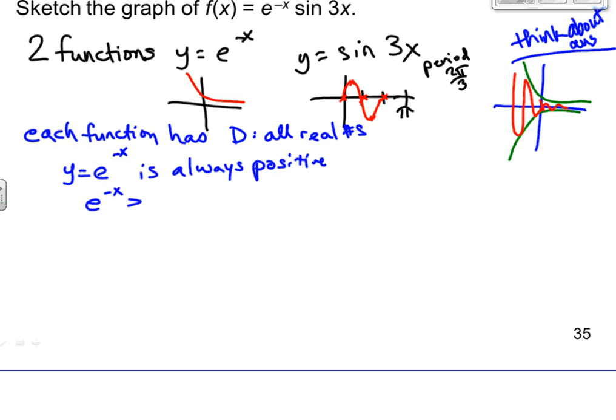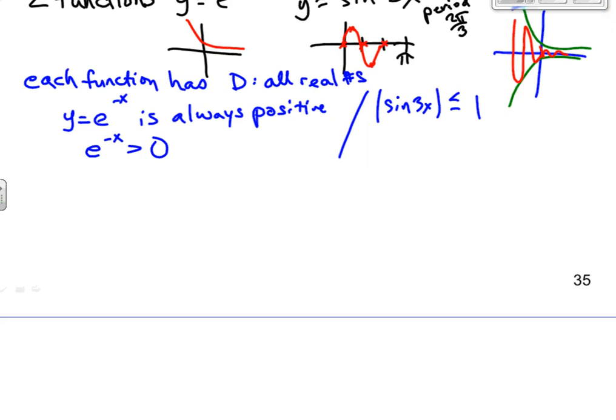So it's always greater than 0. And we also know that the absolute value of sine 3x has to be less than or equal to 1, correct? Because it oscillates between positive and negative 1. So that gives us this.